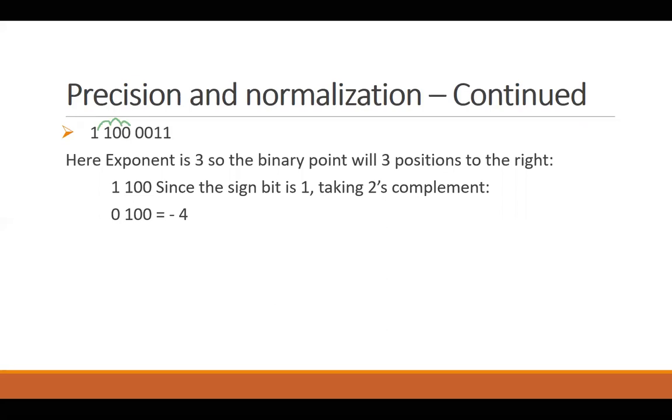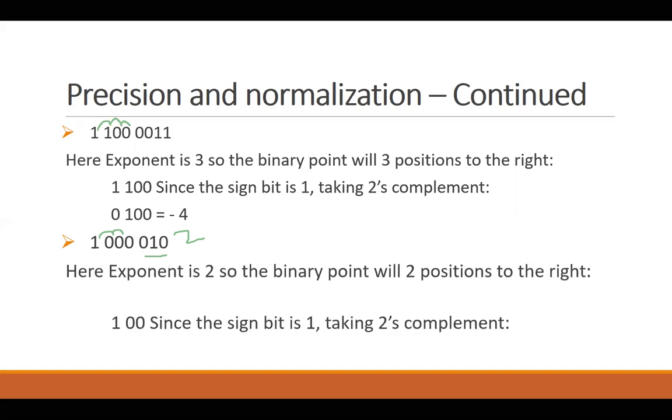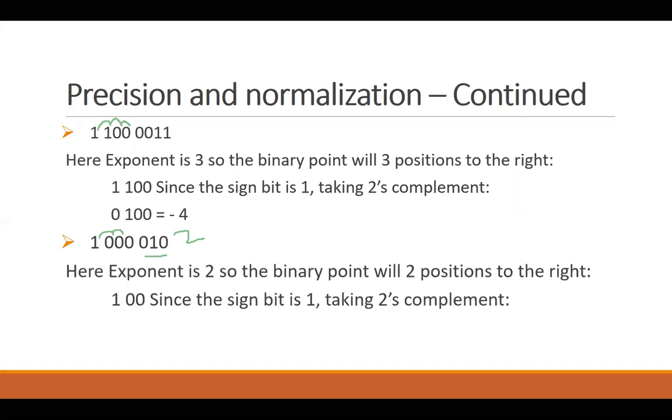The same thing. And again, for the third row, the exponent here is 2, and to actually remove the exponent, we would shift the binary point 2 places, which would leave me with 100. And as the MSB is 1, we would take the complement again, and it would give us a negative 4.